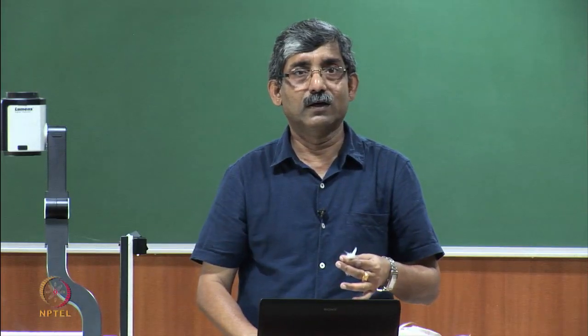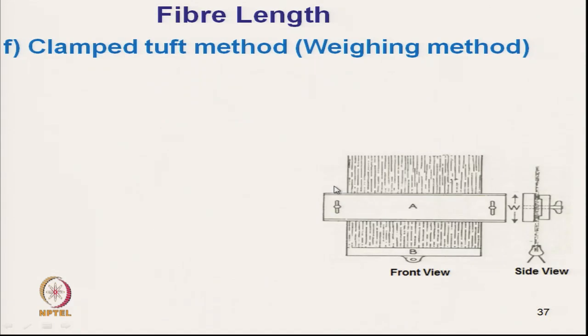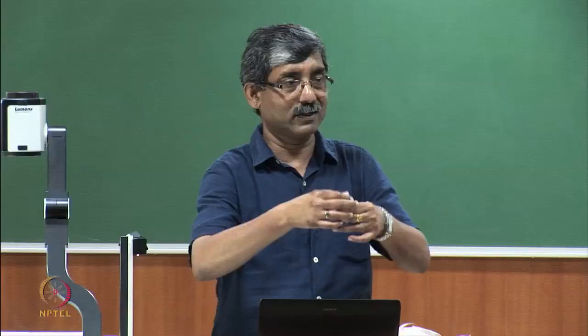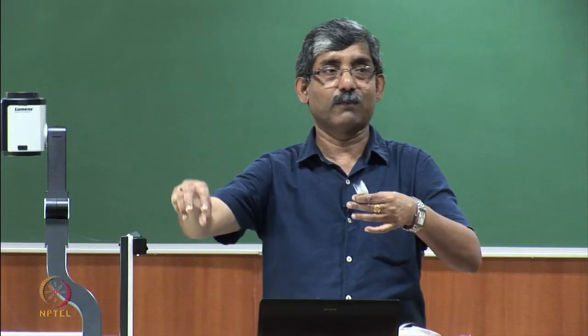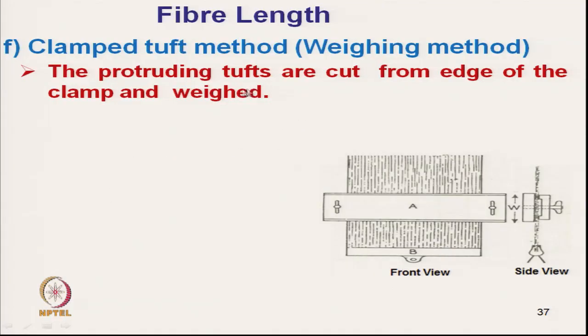So we comb to remove the loose ungripped fibers, and what remains are the gripped fibers. The protruding fibers are cut, but they are kept separately. We have to take the mass of the clamp and the weight, since we cut from both sides.